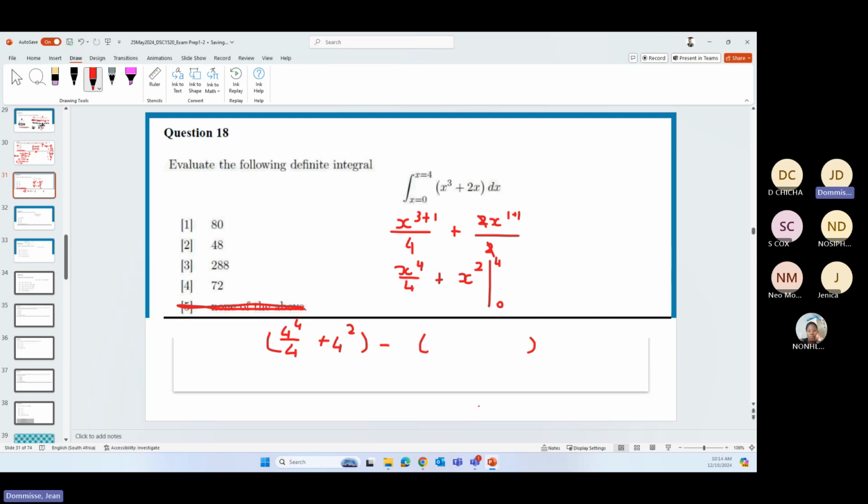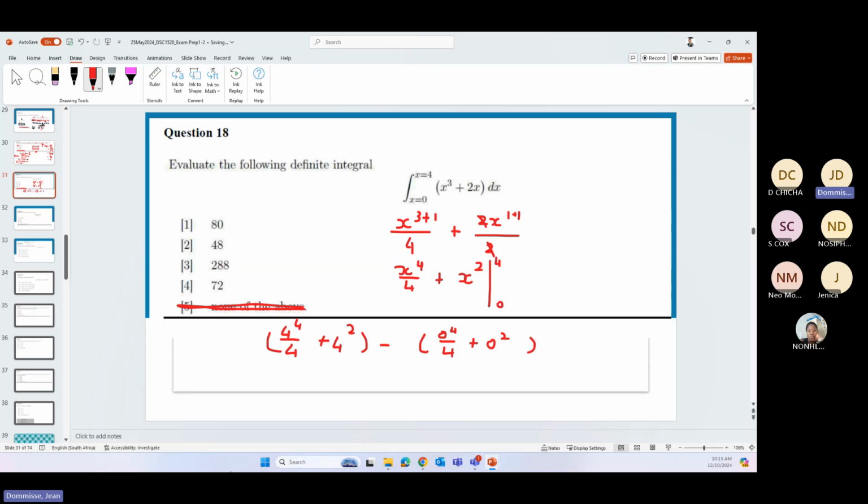So the one will be 4 to the power of 4 divided by 4 plus 4 to the power of 2, and then 0 to the power of 4. Okay, isn't that supposed to be just 0? Feels like that is just going to be 0. But again, I am going to use my calculator.